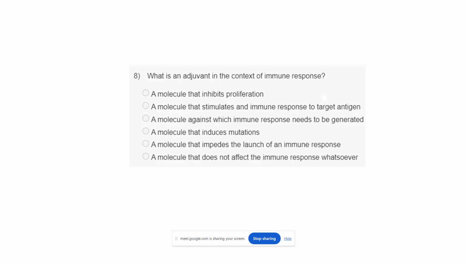Others? What is an adjuvant in the context of an immune response? Option 2. Okay.